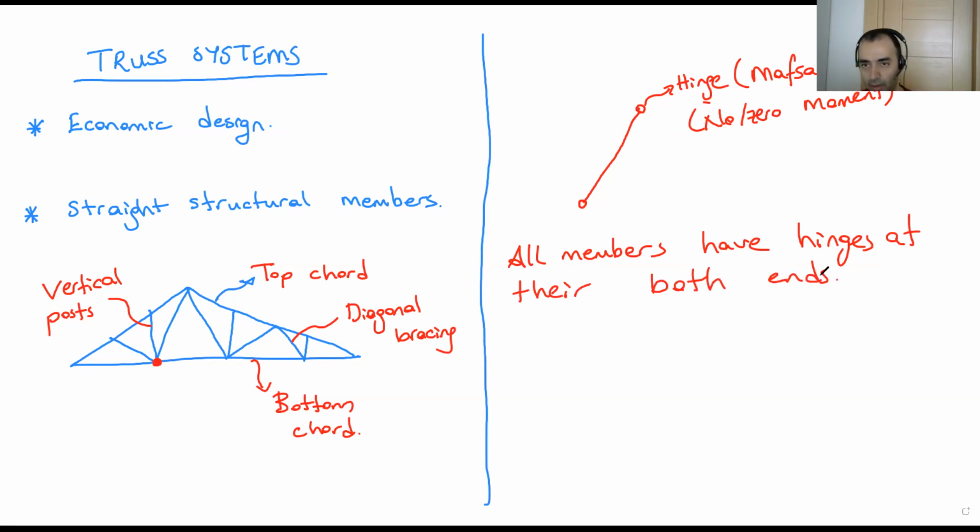Okay, we know this one. So when we connect hinged members to each other, I'm going to ask you a question. This is a simple question for you, and it is important to understand what we are doing, why we are putting bracings, vertical posts, top chord or bottom chord. Here, I'm going to draw it.